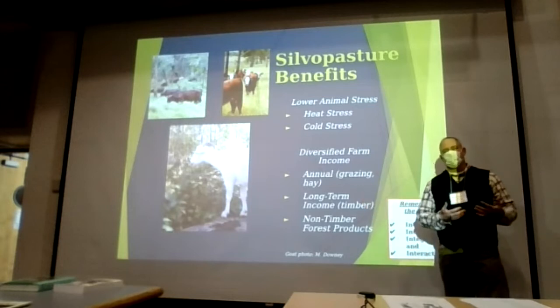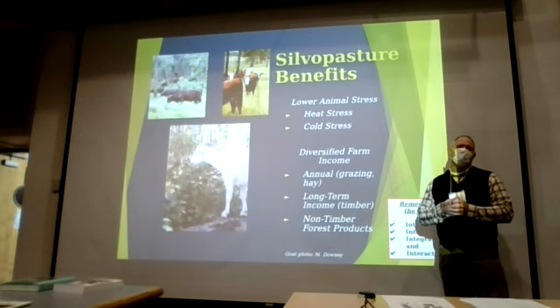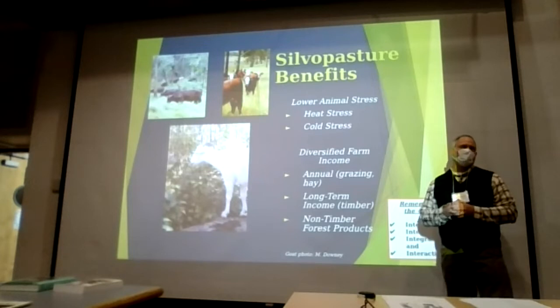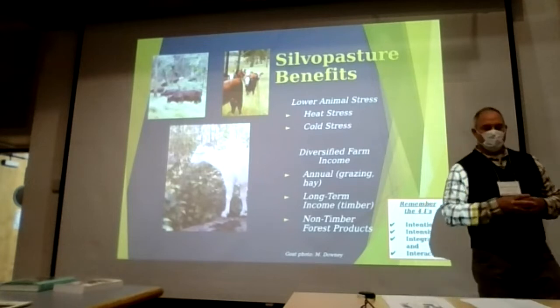And you're also, depending on your forage makeup and what you use, if you're using legumes and you're using orchard grass, there's clear yield increases when grown under shade.